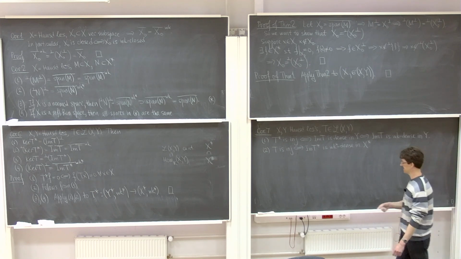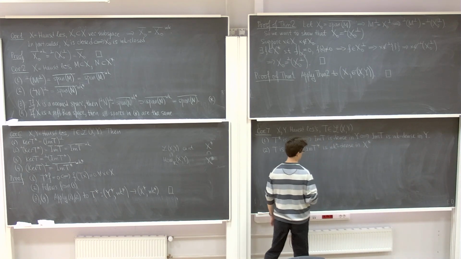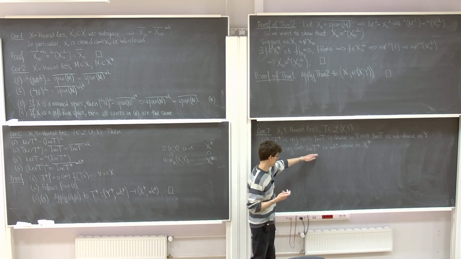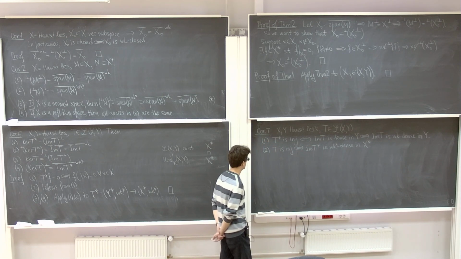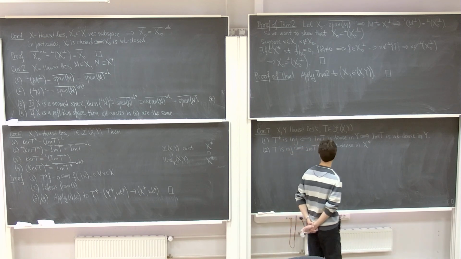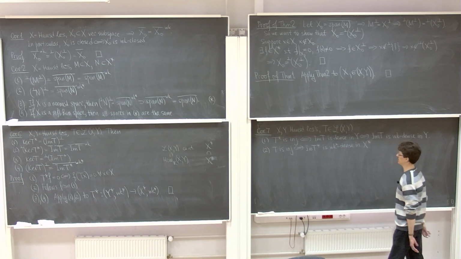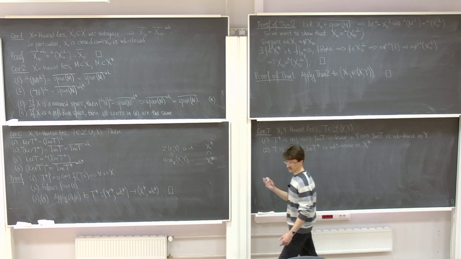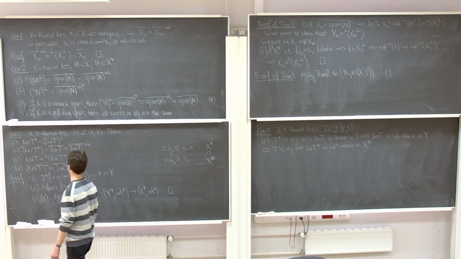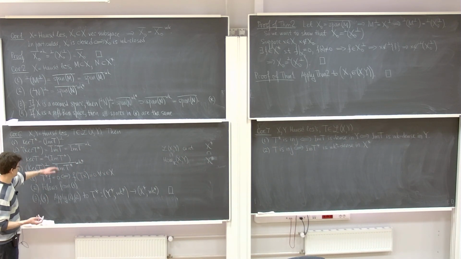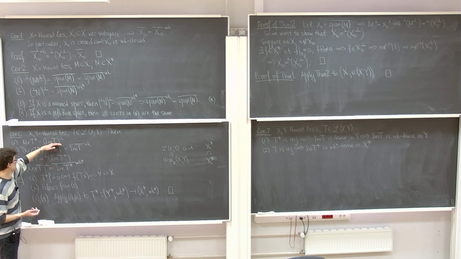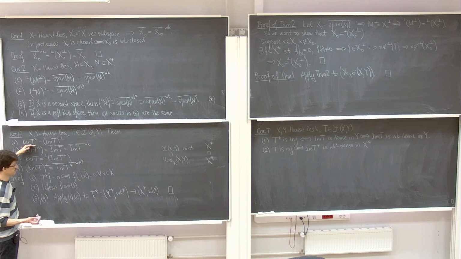In the case of norm spaces, this condition is weaker than the norm density of the image of T star. And this follows from our previous corollary because the image of T is dense, or equivalently weakly dense, if and only if its annihilator is trivial. That is, if and only if the kernel of T star is trivial, that is, if and only if T star is injective. And similarly, this formula implies that T is injective if and only if the image of T star is weak star dense.